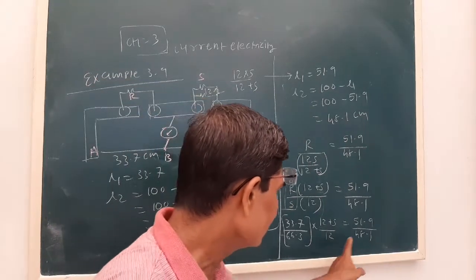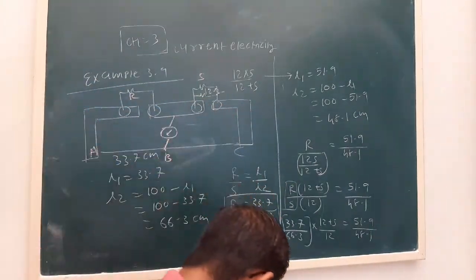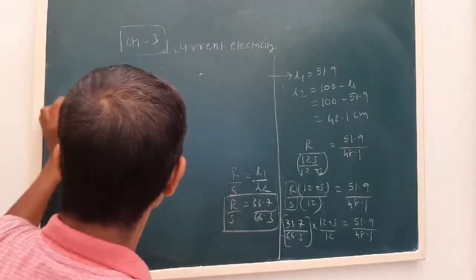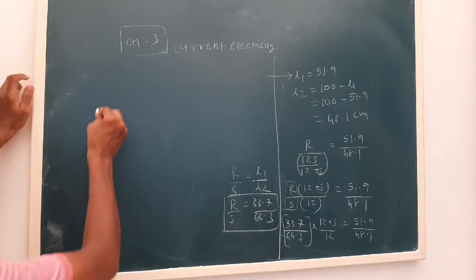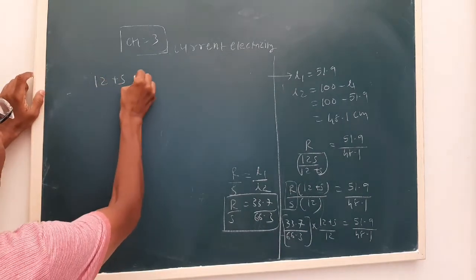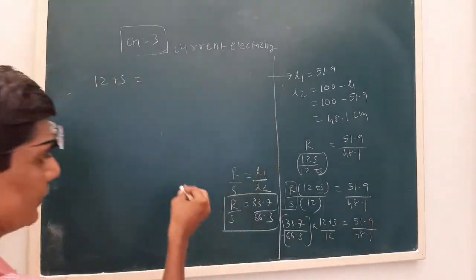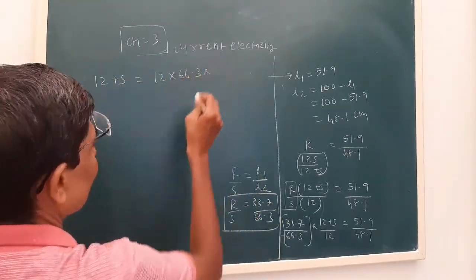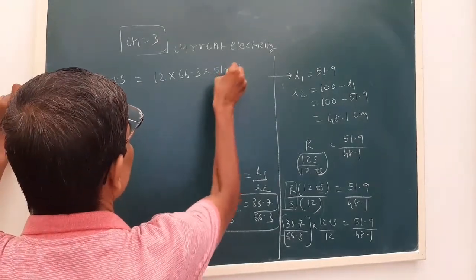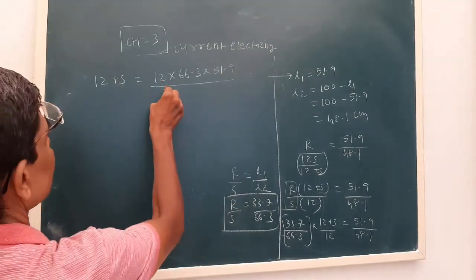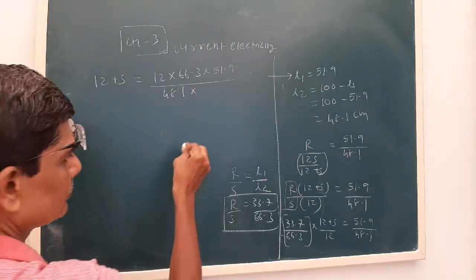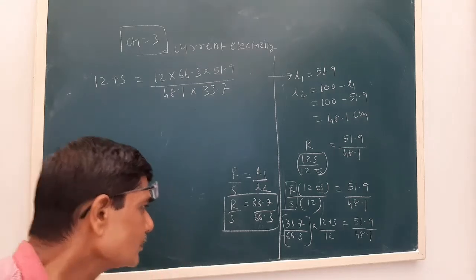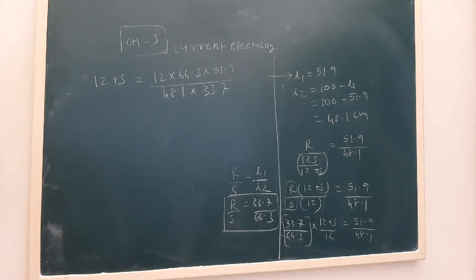Now this I take in the numerator, so this 12 will move here, this also moves to the right-hand side in the numerator. So what is the value which we obtain here?